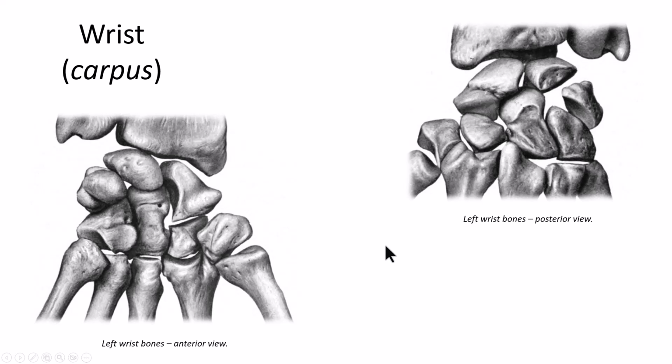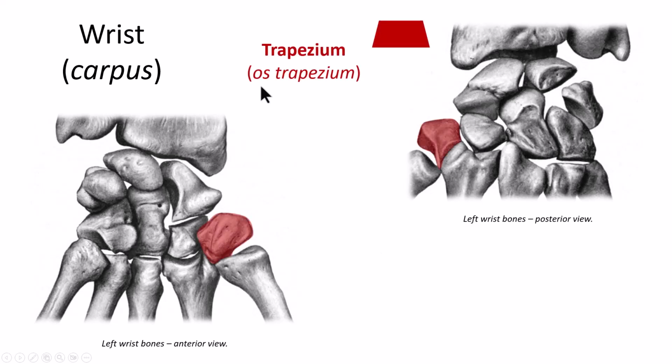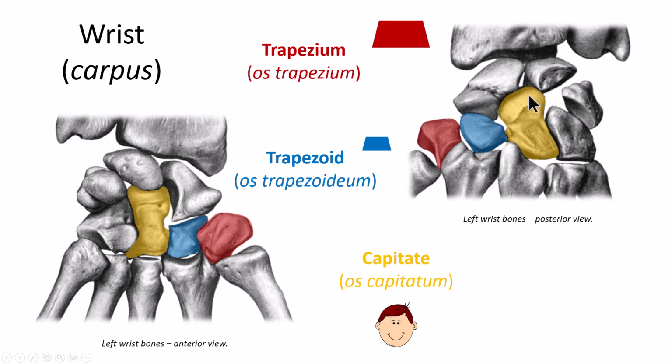Now we move to the second row of carpal bones. The next part of the mnemonic goes as follows: that they can't handle. Again, starting from the lateral side, we have trapezium, os trapezium, right next to trapezoid, os trapezoideum, then capitate bone, os capitatum, and hamate bone, os hamatum.